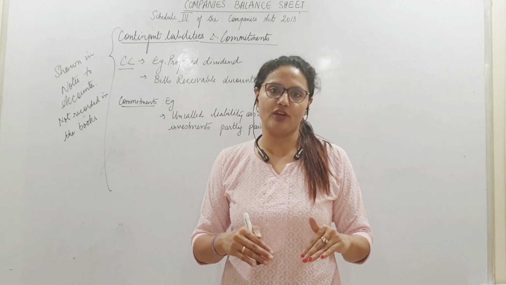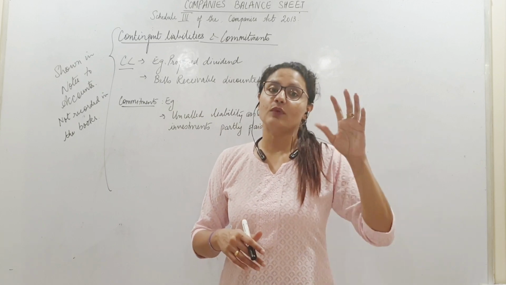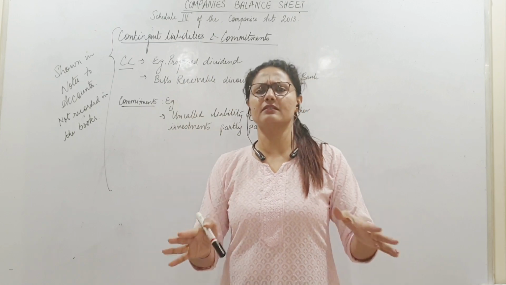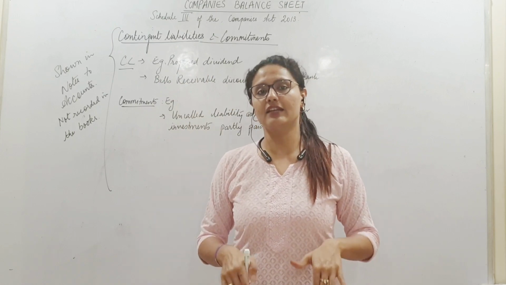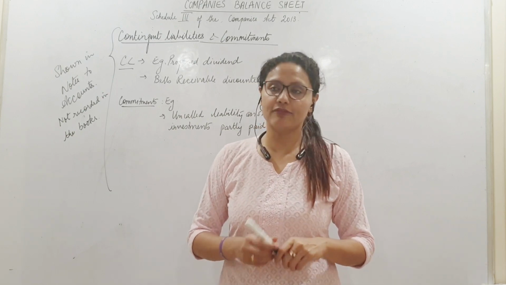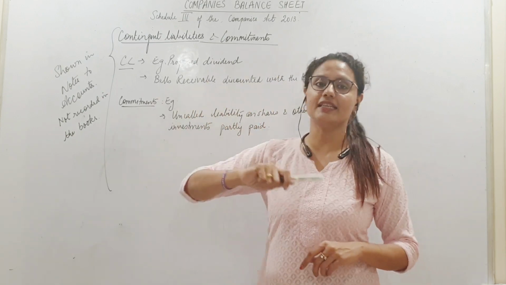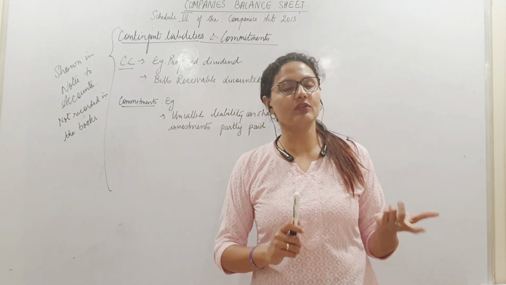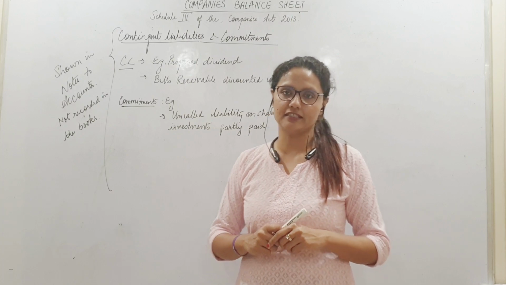Because it depends on the shareholders. Once the shareholders sit for the meeting, approve it, okay fine, we accept this much as the return, then only it becomes a liability for the company. Okay? Therefore, proposed dividend on the closing date is not an actual liability. Only after it is approved by the shareholders does it become an actual liability.